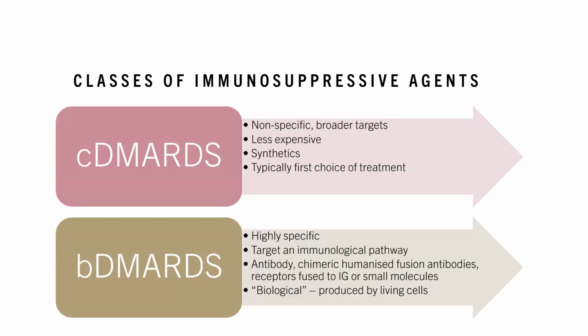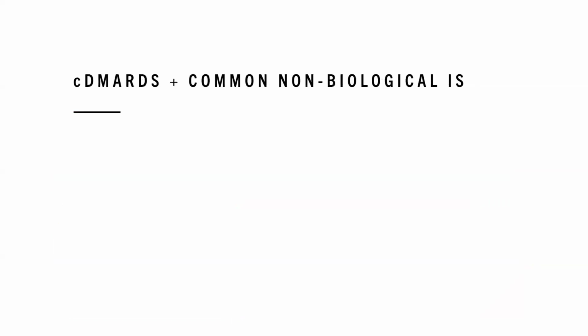Whereas biologics are far more specific. They target a specific immunological pathway. They can be antibodies, chimeric antibodies, fusion receptors, or small molecules. And when we say biological, we mean they generally were initially produced by living cells, although now we do have some synthetic biological DMARDs, which confuses things a little bit.